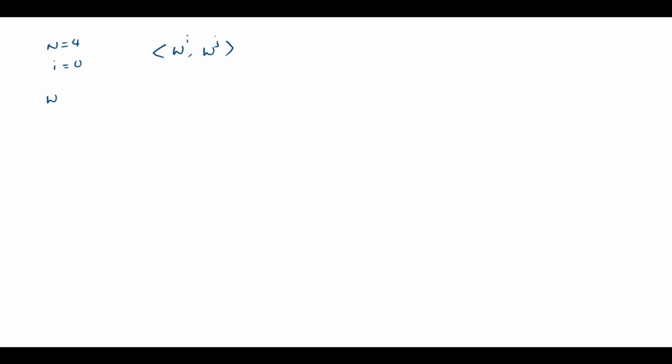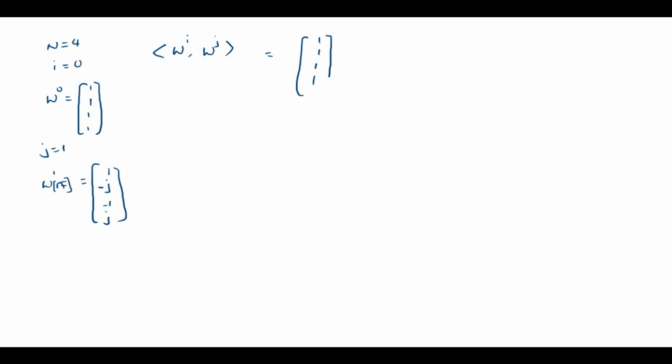That is W of 0, which is the vector 1 1 1 1. Now let's say j value is 1, so that is the vector with elements 1, minus j, minus 1, and plus j. So the inner product, 1 1 1 1 multiplied with 1 minus j minus 1 plus j.